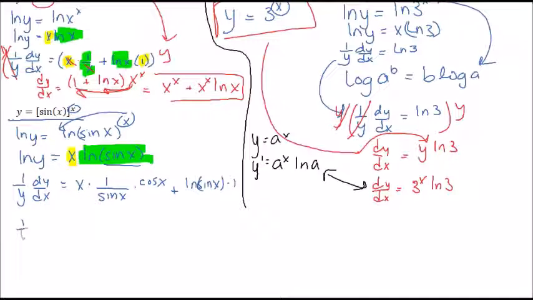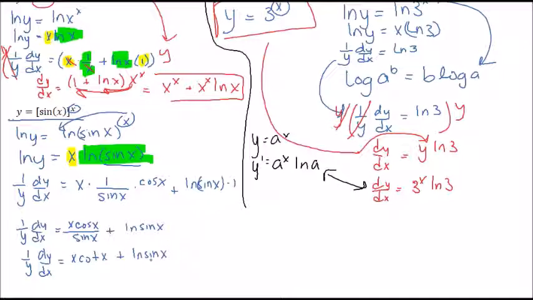So let's simplify this. We have 1 over y dy dx is x cosine of x over sine of x plus ln of sine of x. And we can go one step further here and say 1 over y dy dx is x cotangent of x plus ln of sine of x.